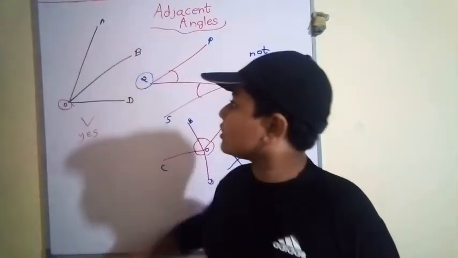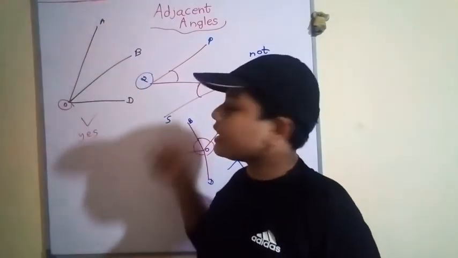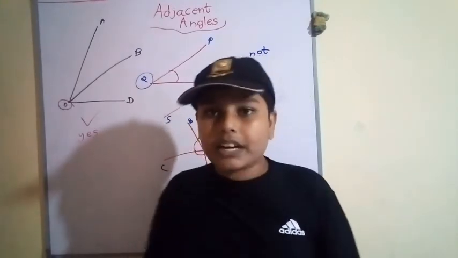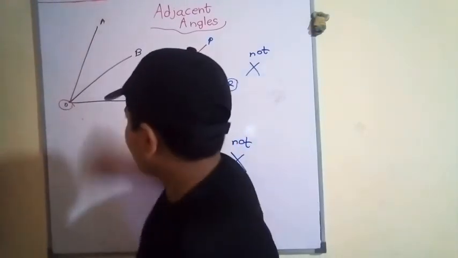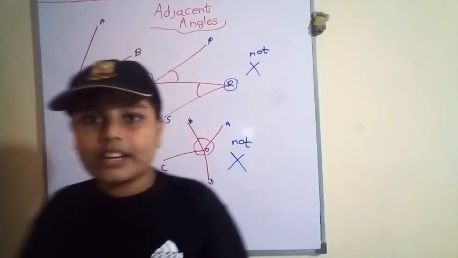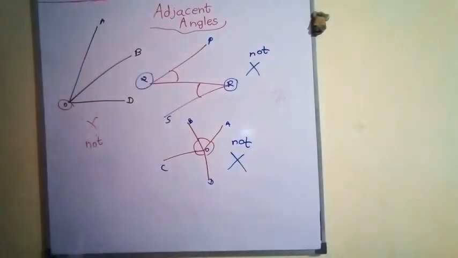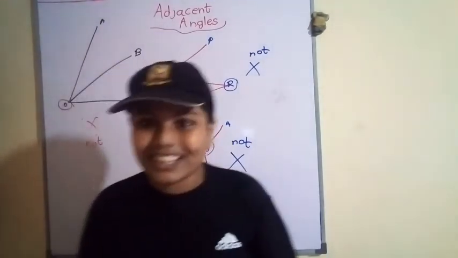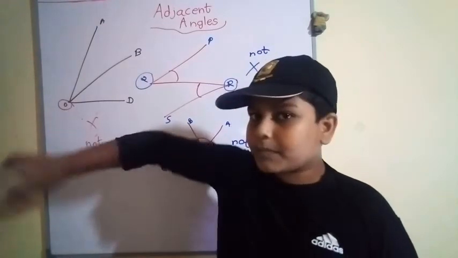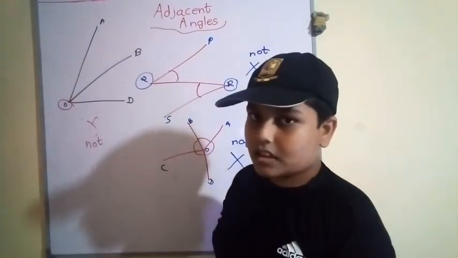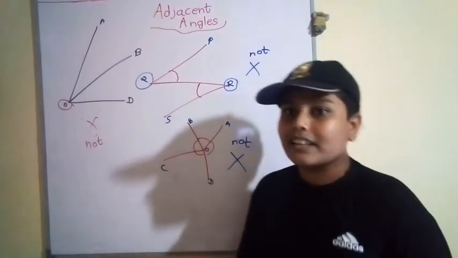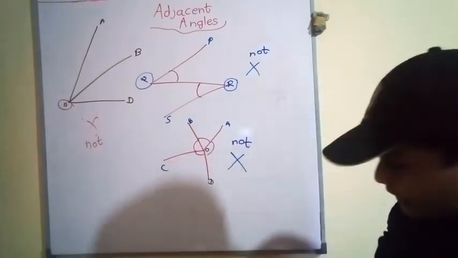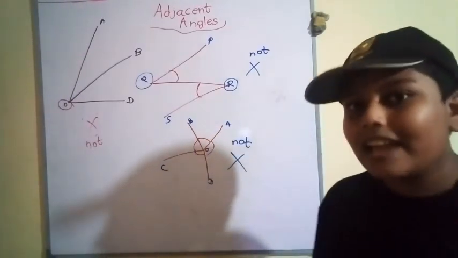You look, BO also, DO also, AOB, BOD, AOD, all are what? But they do not have a common arm. Now that is not an adjacent angle. I can write this is not an adjacent angle. They have a common vertex, but they have no common arms. A also you can get, but they do not have common arms, so that is not an adjacent angle. These all three figures are not adjacent angles, right?